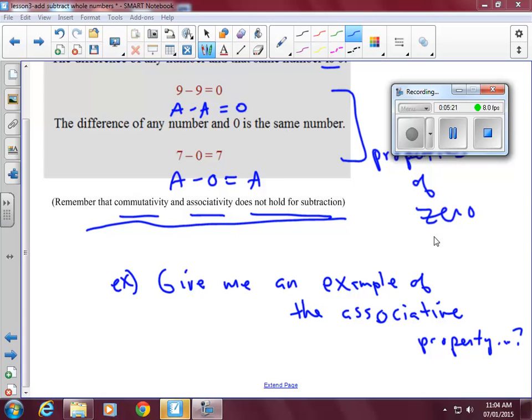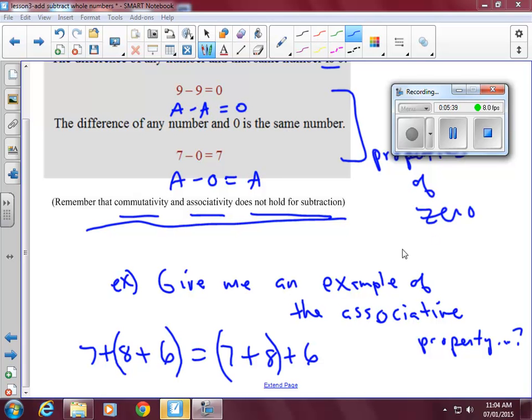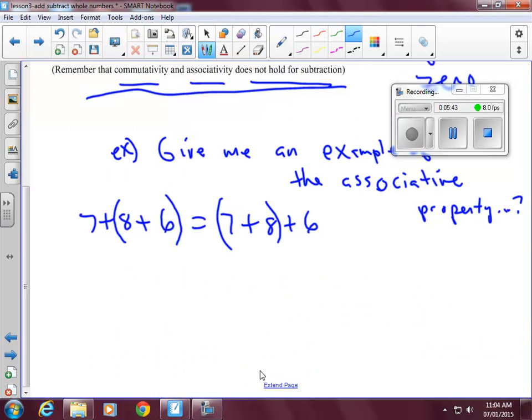So let's try something. 7 plus 8 plus 6, that would be a good test question. 7 plus 8 plus 6 with the 7 and 8 in parentheses, and you're illustrating that that's the same thing as 7 plus 8 plus 6 with the 8 and 6 in parentheses. That's what the associative property says: you've got 7, 8, 6 and 7, 8, 6, the same numbers, but you've changed the grouping.